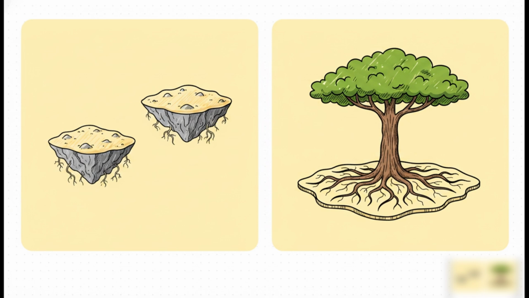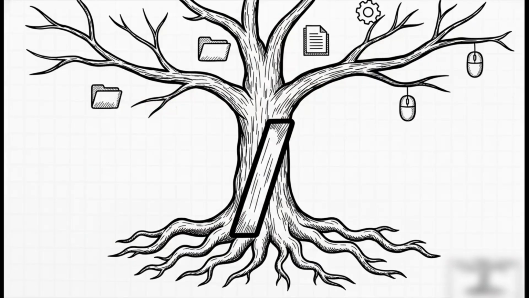Instead, everything, and I mean everything, exists inside one single unified tree. Every file, every program, every single device exists somewhere inside this one big tree. At the very, very top of that tree, its single starting point is called the root, and it's just represented by a simple /. That's it. Everything branches out from there.